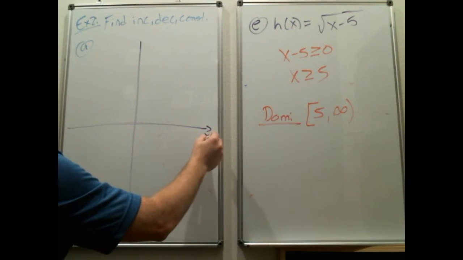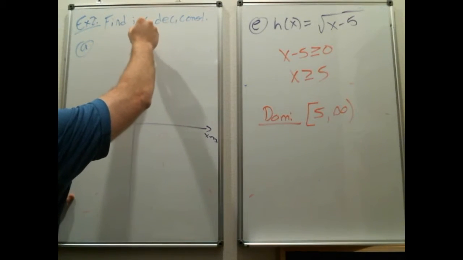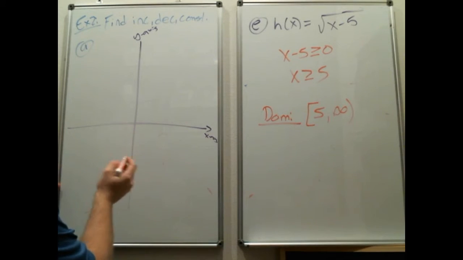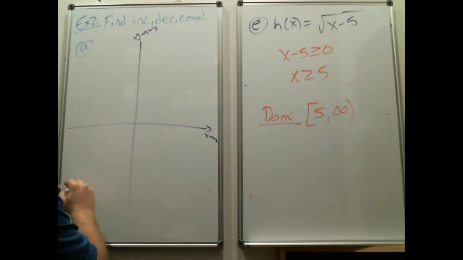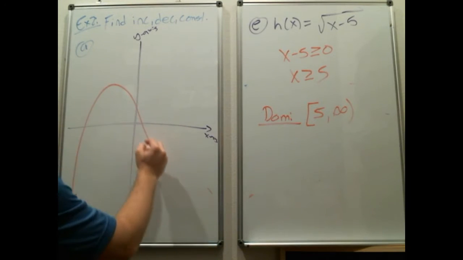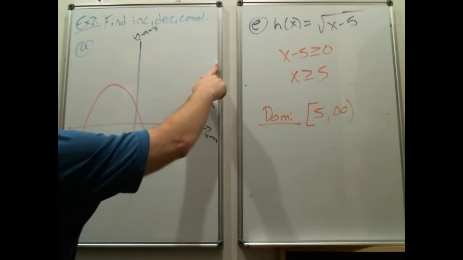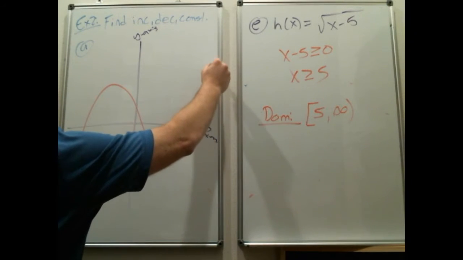Here's the x-axis. I don't have a lot of room. Y-axis. I'm not going to show a constant because I'm confident you can figure that one out. But let's do this. That is supposed to be an arrow.